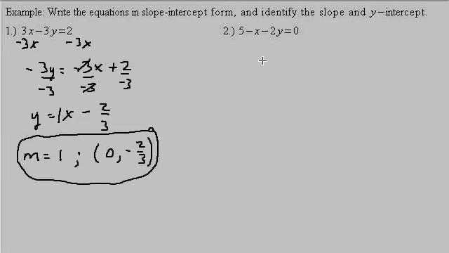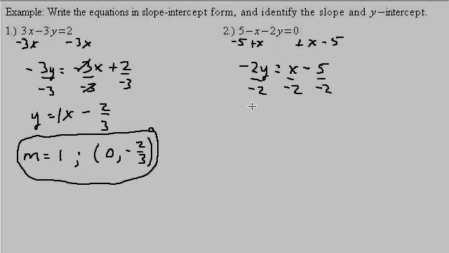Now let's look at the second one. I'm going to solve for y, so I'm going to subtract 5 and add x to both sides. So I get -2y = x - 5, and then I'm going to divide each term by -2, so I get y = -1/2 x + 5/2.